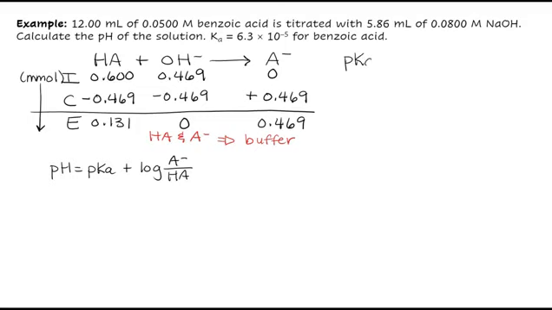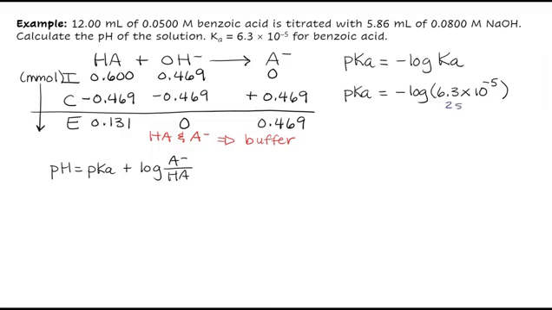pKa is the negative log of the Ka. So to calculate pKa, we take the negative log of 6.3 times 10 to the negative 5. This is a measured value, so we do need to keep track of the sig figs.